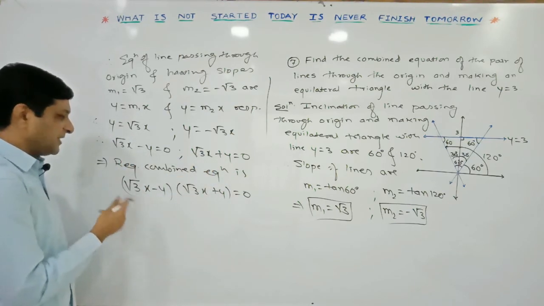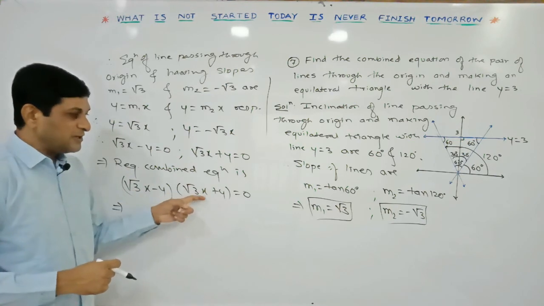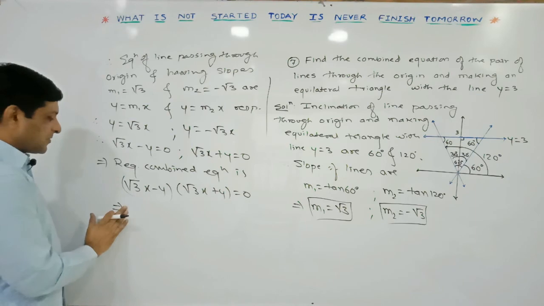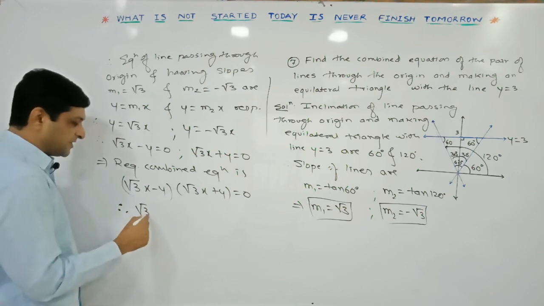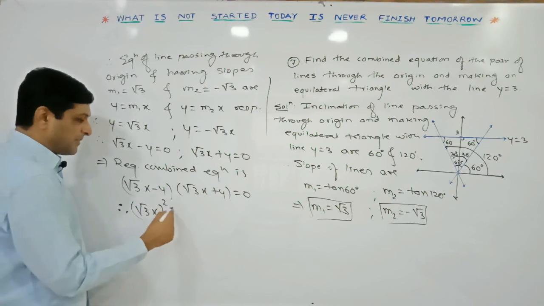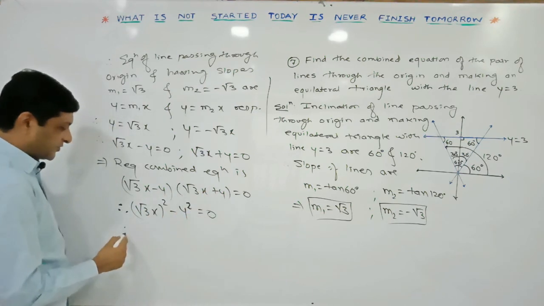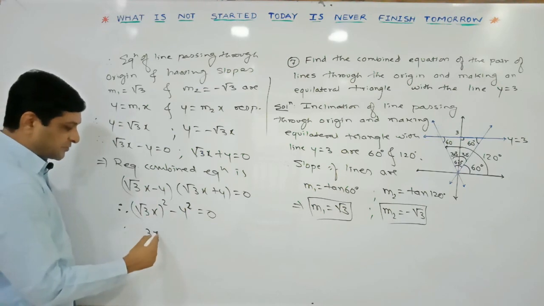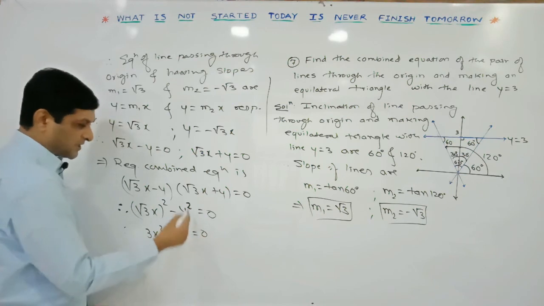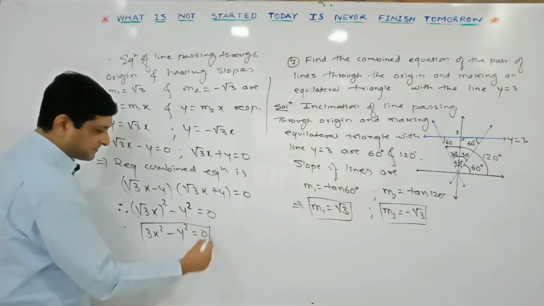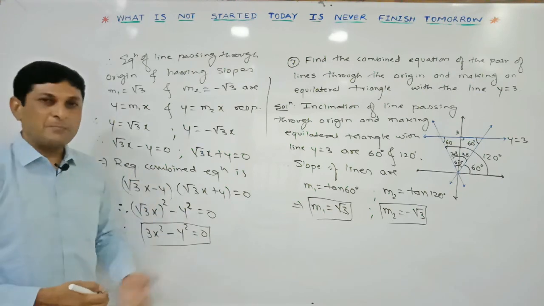So here easily we can observe that terms are in the form of what? a minus b into a plus b, and according to identity a minus b into a plus b will be equal to a square, means root 3x square minus b square, means y square, is equal to 0. What is square of root 3x? Will be equal to 3x square minus y square, keep this term y square as it is. In this way we have got our required combined equation.